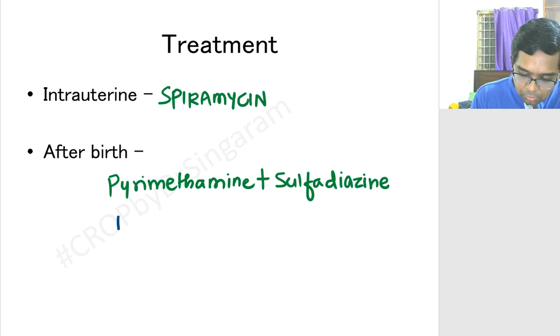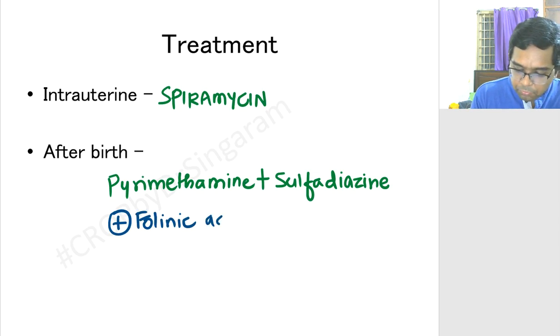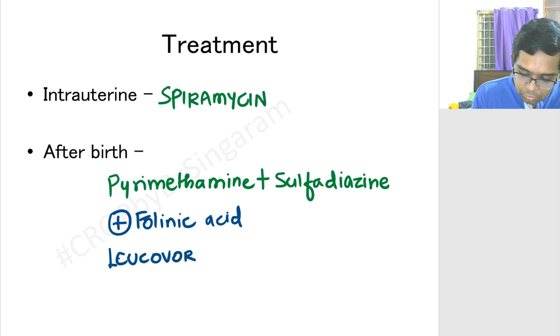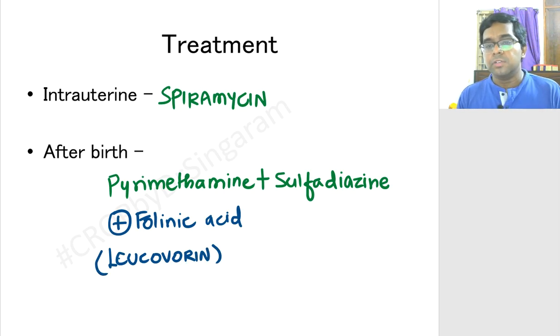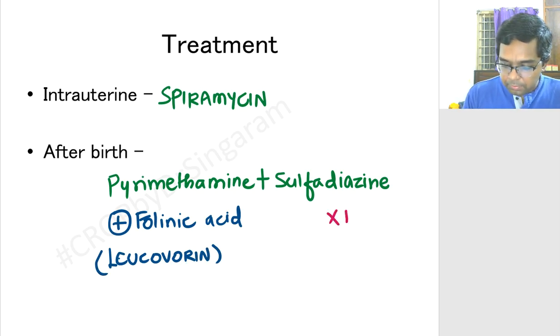So that is why you always have to add folinic acid as a supplement. The name of the folinic acid which we give as a supplement in this combination treatment is leucovorin. Now, if they ask you what is the duration of treatment with this pyrimethamine and sulfadiazine, your answer has to be 1 year.